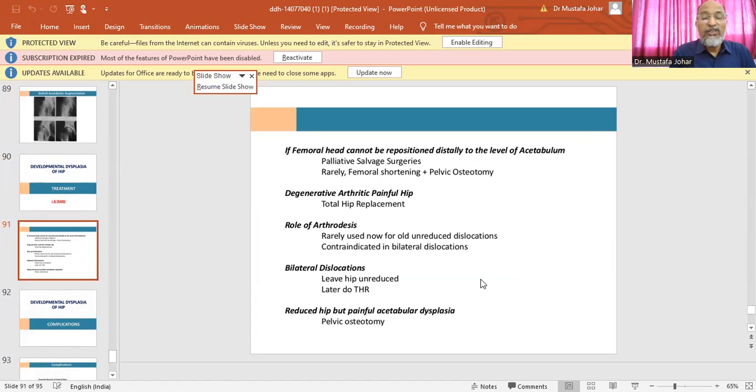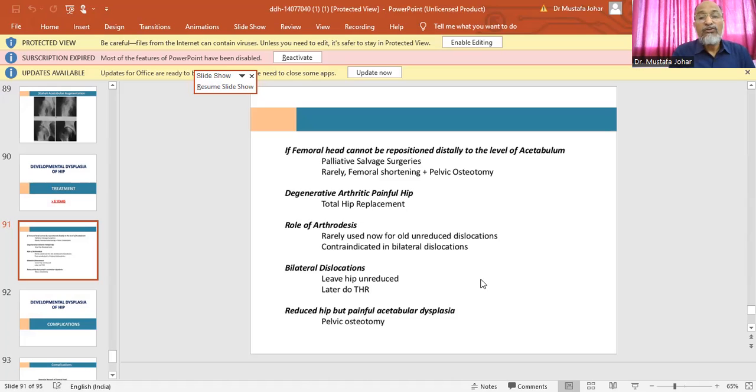Then you have a degenerative arthritic painful hip, and in that case, the total hip is the answer. And the role of arthrodesis, it is rarely used nowadays for the old unreduced dislocations, as THR or total hip replacement arthroplasties are better options. And it is contraindicated in the case of bilateral dislocations.